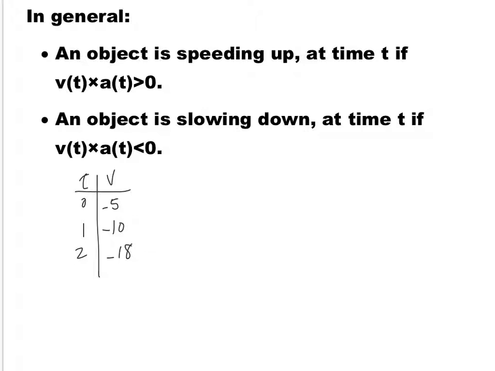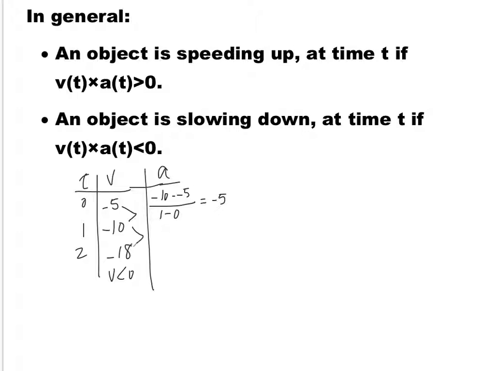In this case, you can see that the velocity is less than 0 here. And if we look at the acceleration, acceleration is the rate of change, or the slope, of the velocity. For the first two, we get negative 10 minus 5 over 1 minus 0, which is negative 10 plus 5, or negative 5 over 1, which is negative 5.